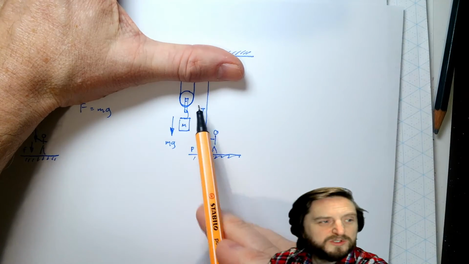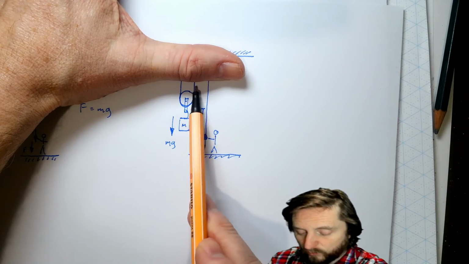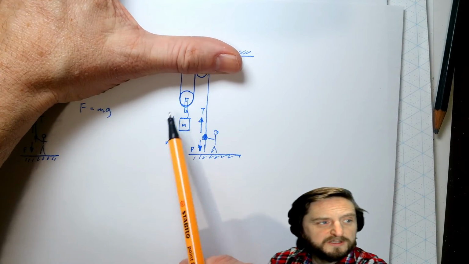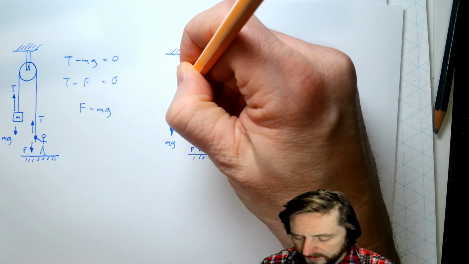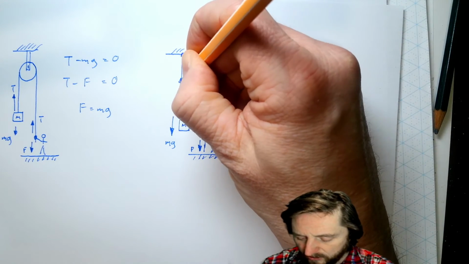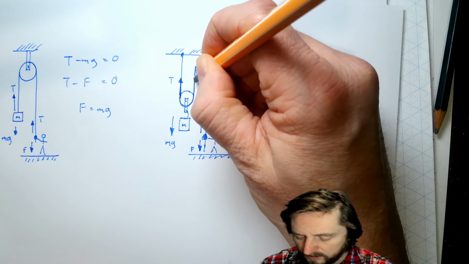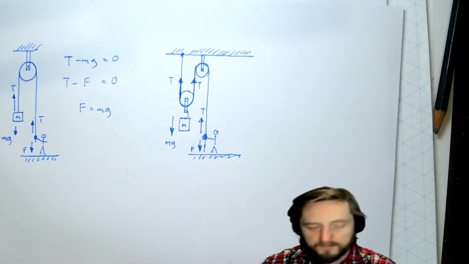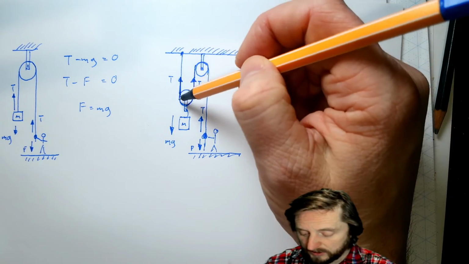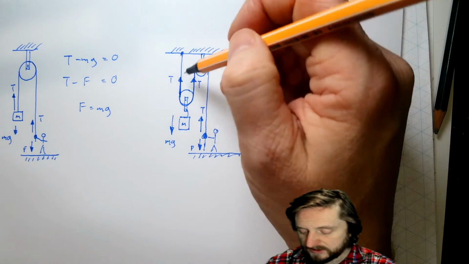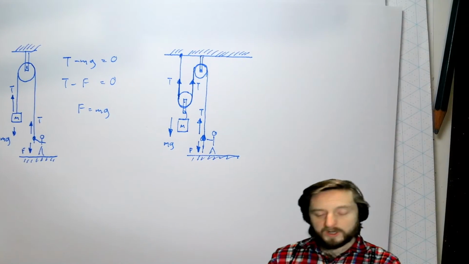This pulley knows nothing of what's beyond these two strings. So the pulley is actually pulled by tension on both sides of the rope, here and here. This same tension pulling up on this side of the pulley, the same tension pulling up on this side of the pulley, the tension is the same all the way along this rope.